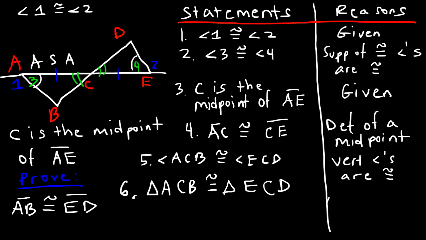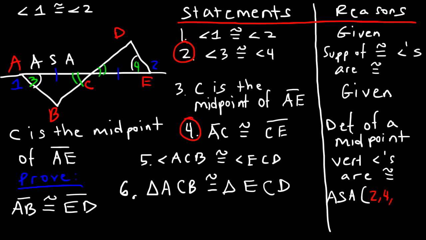It's the ASA, angle side angle postulate. And the first angle that we proved was angle 3 is congruent to angle 4. So that's based on statement 2. And then for the S, we proved that AC is congruent to CE, so that's statement 4.